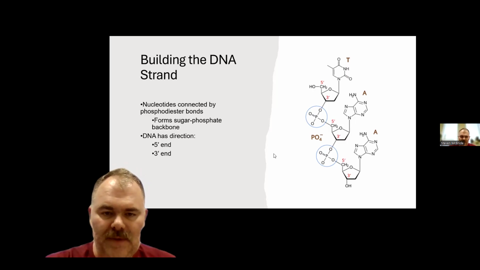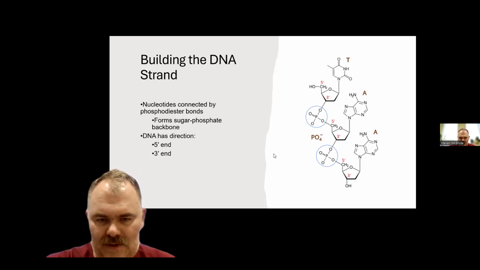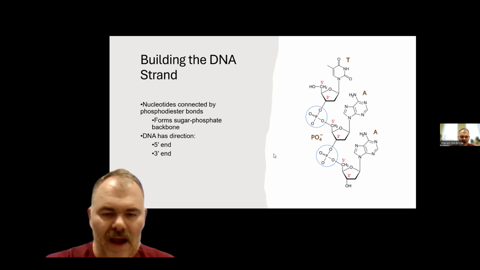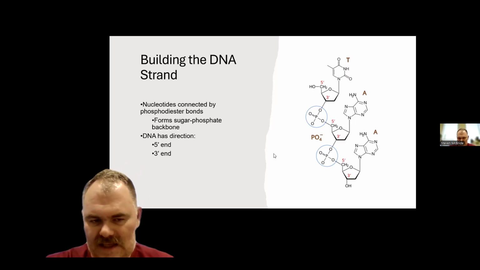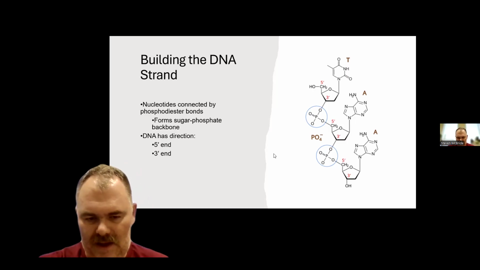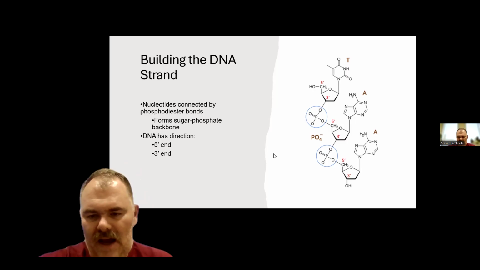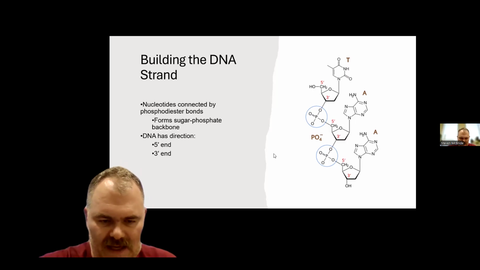So if we look from top to bottom, we see that 5' carbon, which is going to be connected ultimately to a phosphate. We go down to the 3', which is going to go to another phosphate, to the 5', down to the 3', to the phosphate, to the 5', to the 3'. And we just do that until we get to the end of our DNA molecule. So DNA has a 5' to 3' directionality.